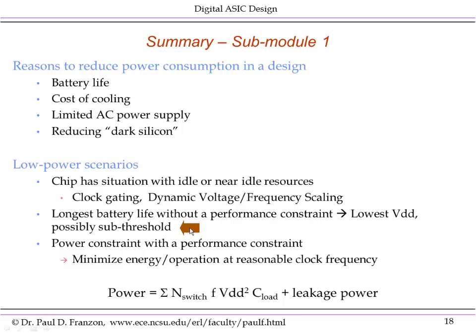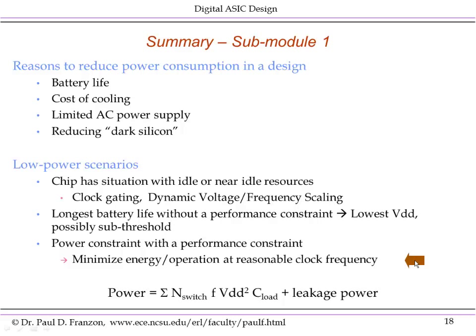And increasingly people are looking at doing this sub-threshold, that is under the threshold voltage of the transistor, around 300 millivolts. However, for an ASIC, the most common requirement is maintaining performance while minimizing power. This leads to really thinking about how you maximize energy efficiency. That is, minimize the energy per operation, at a reasonable clock frequency and a reasonable VDD.